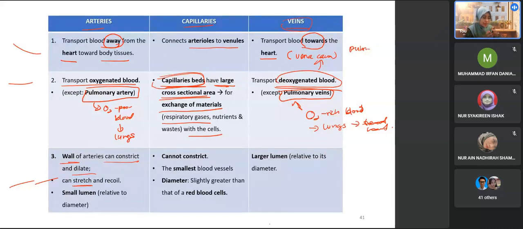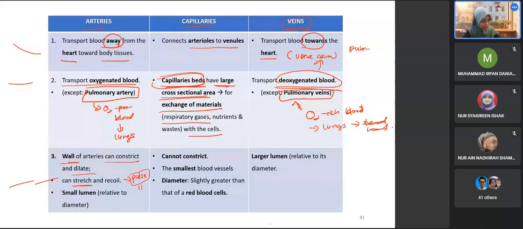The stretching and the recoiling of the artery as the blood flows through with high velocity and pressure will create pulse. The stretching and recoiling of your artery is due to the blood that flows with high blood pressure and velocity, which is generated by the heart. So maksudnya the pulse rate will be the same as the heart rate.